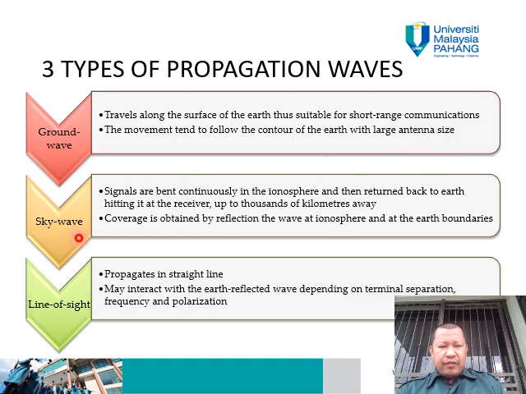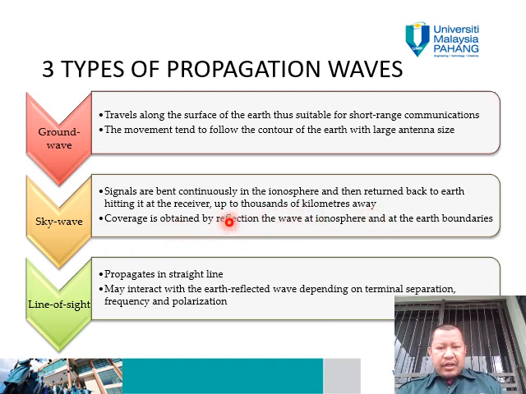Next is sky wave. Sky wave signals are bounced continuously in the ionosphere and returned back to the earth, hitting the receiver up to thousands of kilometers away. So sky wave is related to the ionosphere and can go up to thousands of kilometers away.